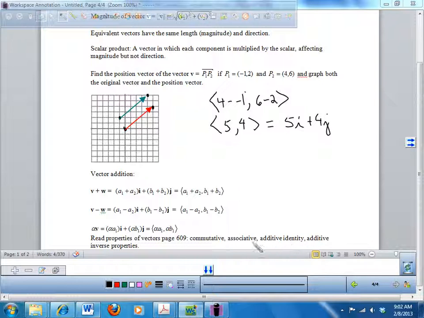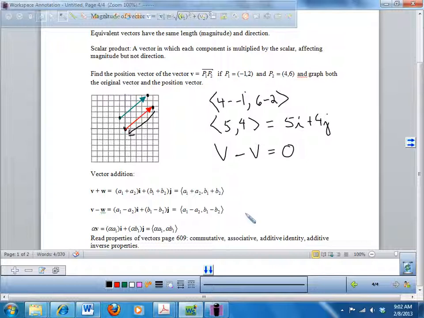Additive identity means if you add the positive of this vector and the negative of this vector, what do you get out? So if you have, say this is B, and then you have negative B, you would get out 0. So this would be that vector going in the positive direction, this would be the vector going in the negative direction.